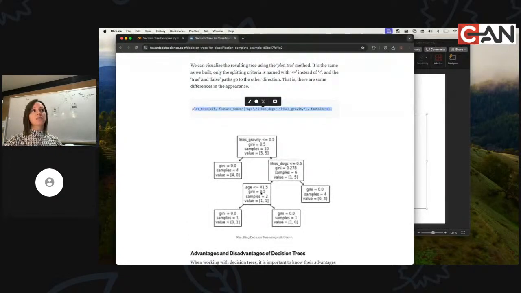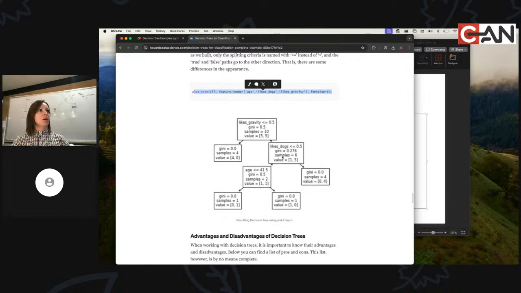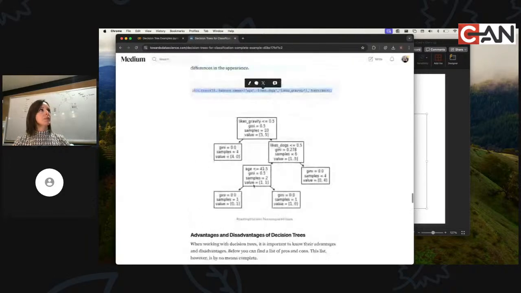We're only saying what's the Gini impurity of age less than or equal to 0.5 for individuals who like gravity and individuals who like dogs. So we're getting really conditional on that data set. So just on those 6 people, or on these 2 people in that case. Okay.